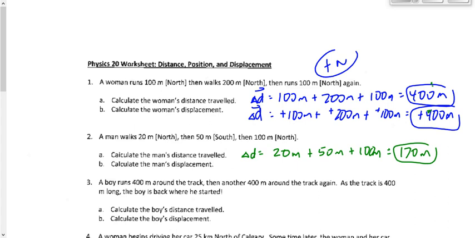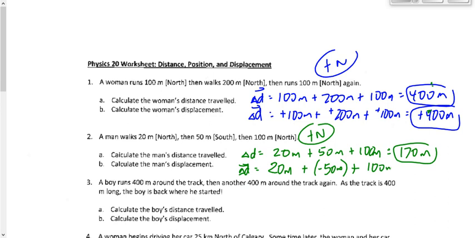What about displacement? Well, we're still going to add them together, but this time we have to add including signs, including direction. Let's make north positive, just like we did in the last question. That means that we walk positive 20 meters plus what? Negative 50, good. Negative 50 meters plus positive 100.